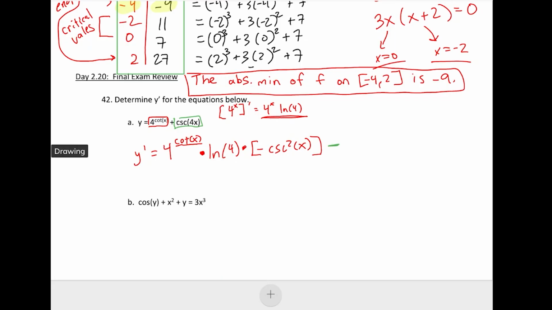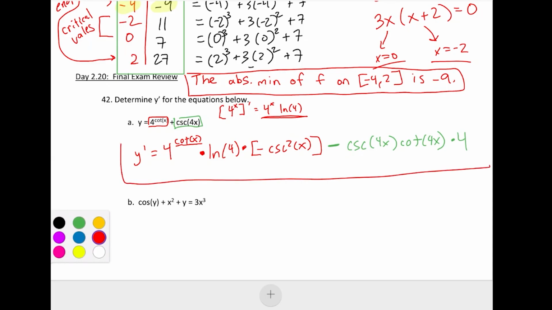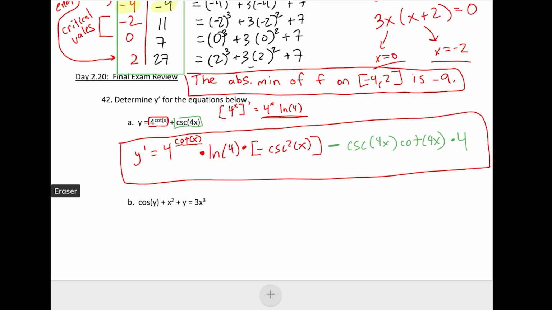I want a minus because it is negative cosecant of 4x times cotangent of 4x times the derivative of 4x, which is 4. I'm not going to bother simplifying this any further. I'm going to just leave that as it is. I kind of like how crazy it looks. If I were to do anything, I might bring this negative out to the front here just for aesthetic purposes. But otherwise, I'm pretty happy with how that looks.